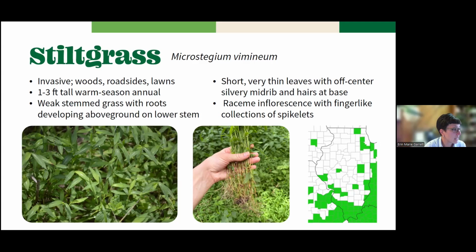Stiltgrass is non-native. It is from Asia and was brought over as packing material for porcelain products. That's how it made its way here, I want to say, in like the 20s, maybe 100 years ago. In Illinois, though, it's been here not quite as long as that.